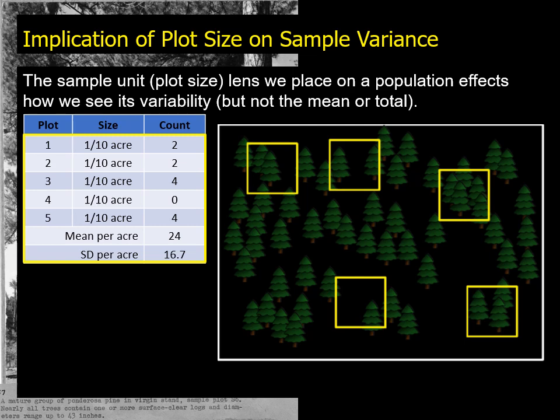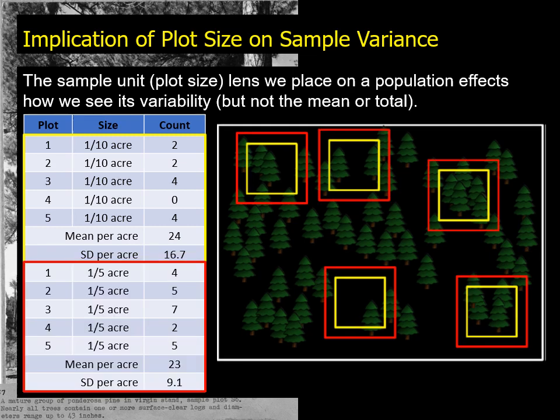But what would happen if we sampled this same population at the same locations with a larger plot size? If we look at the plots now using 5 1/5 acre plots, we now have samples of 4, 5, 7, 2, and 5 respectively, giving us a mean of 23 trees per acre and a standard deviation of 9.1 trees per acre.